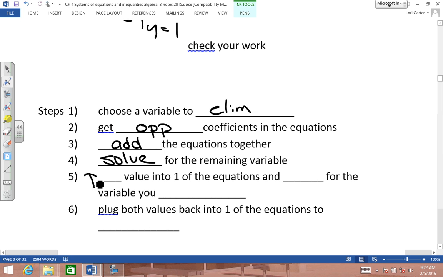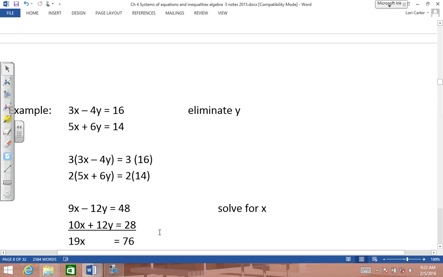You plug or substitute the value into one of the equations and solve for the variable you have remaining. Plug both values back into the equation to check. You have all those vocabs.